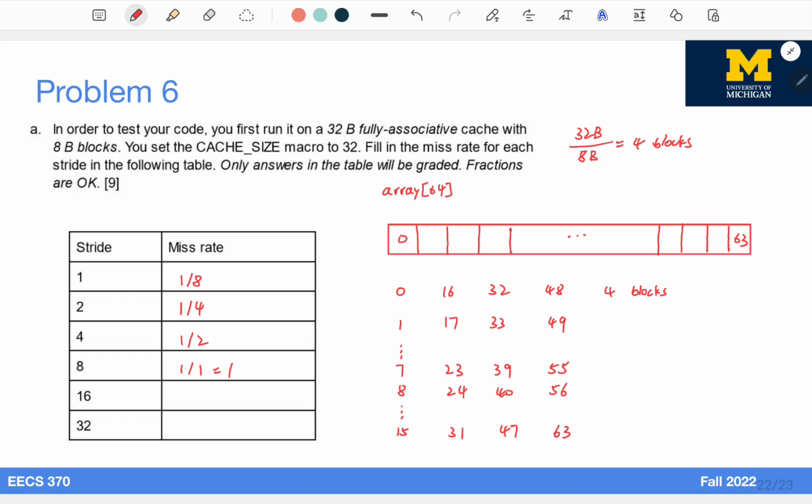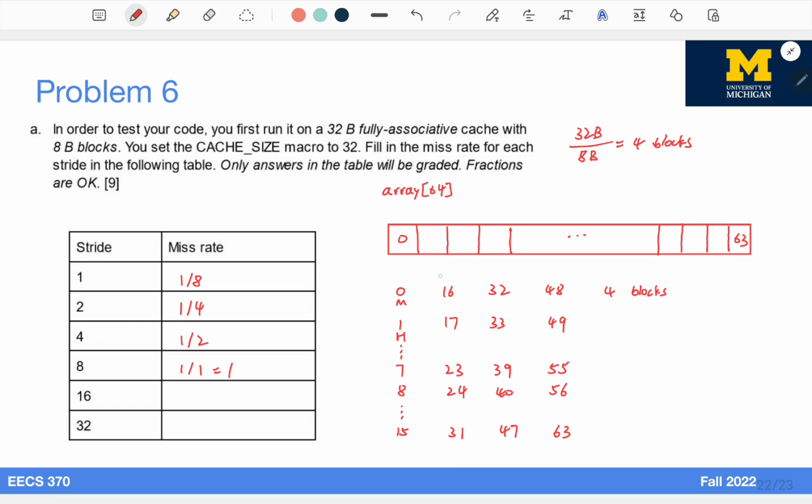Therefore, in the next iteration, when we come back to this 1, the block for 0 has not been evicted yet. It's still in the cache. Therefore, we will have a cache hit for access 1.